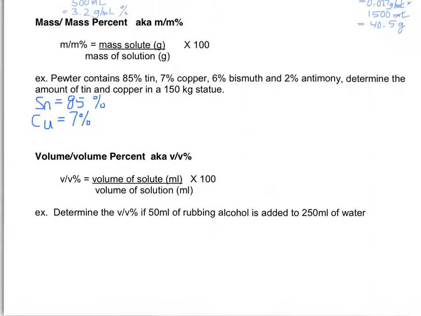And also the other thing that I know is the mass of the solution. So you're going to see me convert it to grams just because it makes me feel better. To go from kilograms to grams, we have to multiply by 1,000.